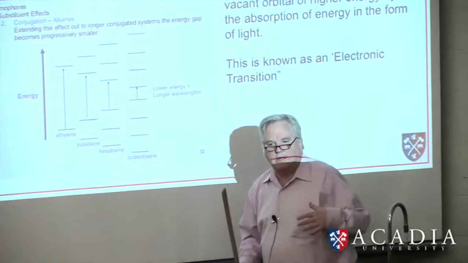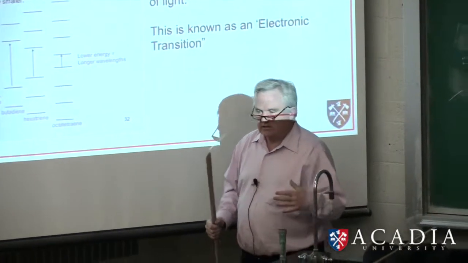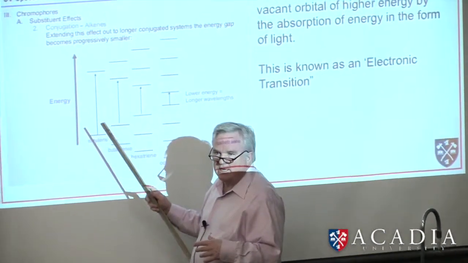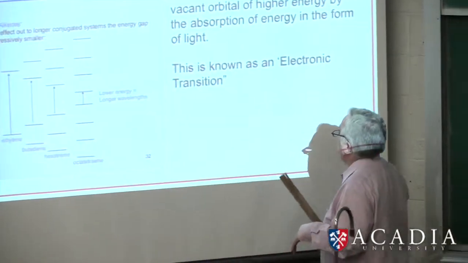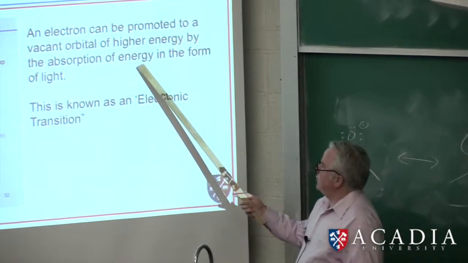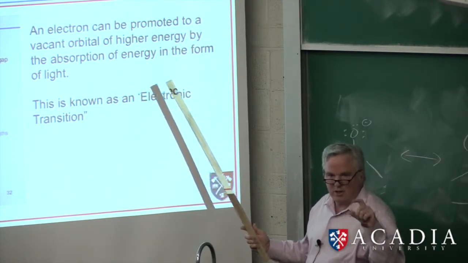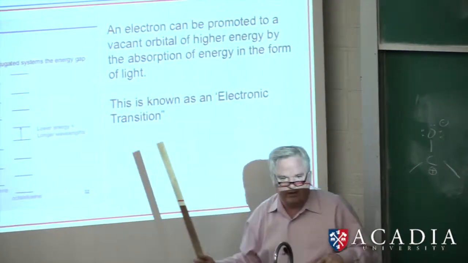The most common absorption you will see when you put light into a system, typically the lowest energy, is what we're going to talk about as being the HOMO-LUMO gap. So an electron can be promoted to a vacant orbital of higher energy by the absorption of energy in the form of light. The energy of the light has to exactly match the energy gap.